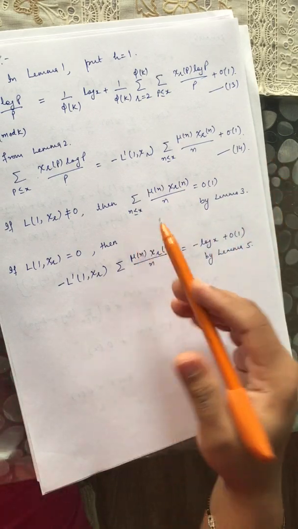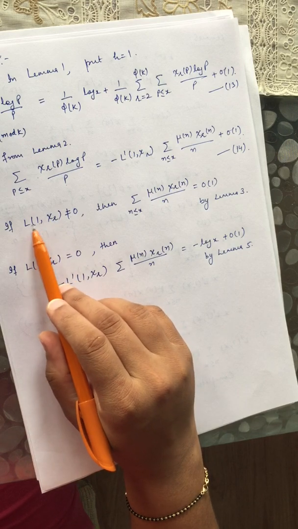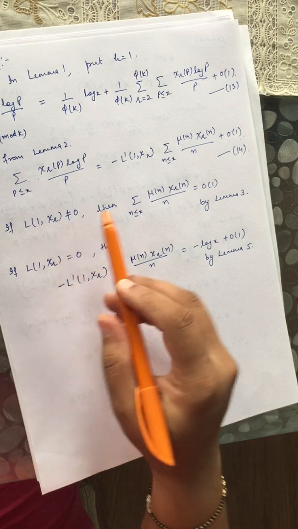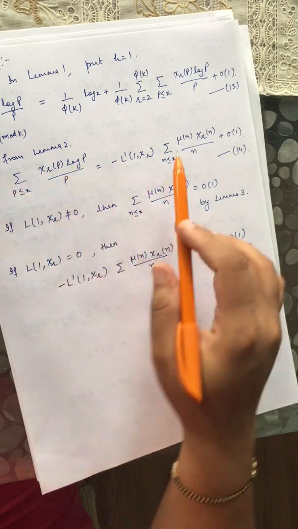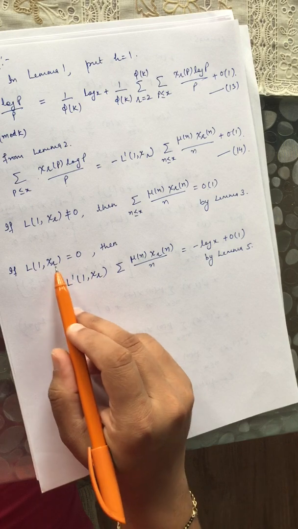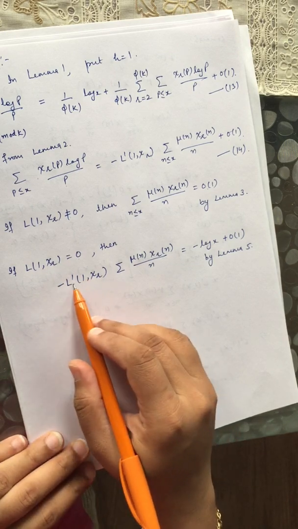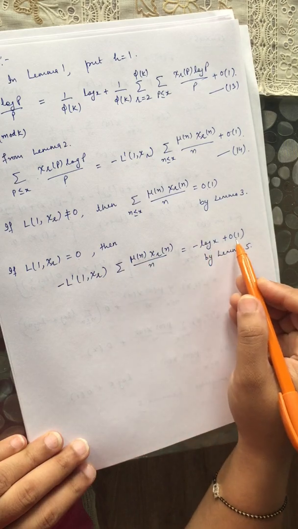So from this we can say, if chi r is a character for which L1 chi r is non-zero, then this whole summation becomes order of 1. And secondly, if this is 0 for some Dirichlet characters chi r, for those characters this term becomes minus log x plus order of 1.